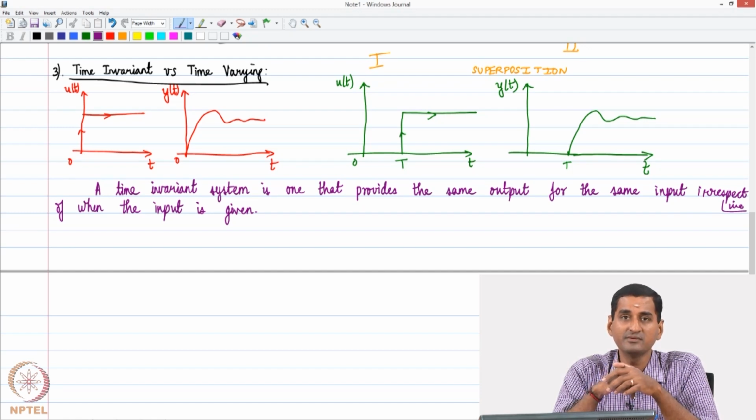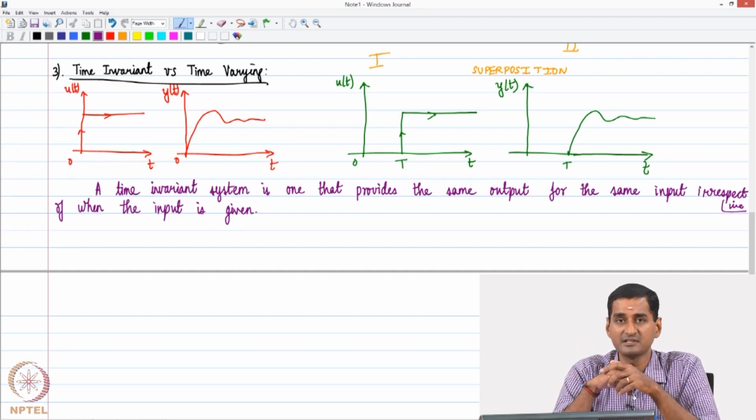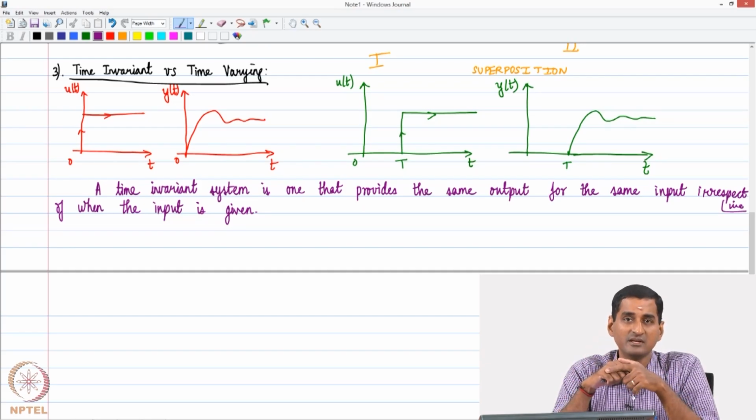Now, the question that we are asking ourselves is, in the time scale of interest, as far as a system's analysis is concerned, do the response characteristics of the system remain more or less the same? If that is the case, then we approximate the system as a time invariant system.